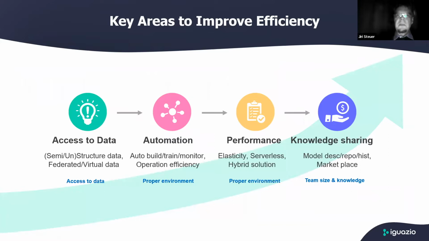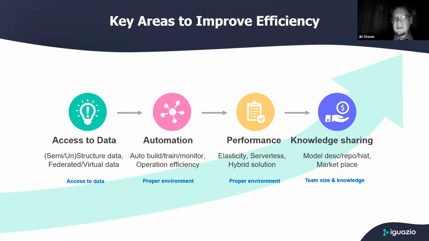Thanks. Based on previous slide, you can see the gradual way for improvement of the delivery efficiency. The first step is about access to the data. It means building data strategy, use structured, unstructured, semi-structured data with direction to federated virtual data. The second step is about the delivery proper environment for the machine learning with focus on the automatization and operation efficiency.